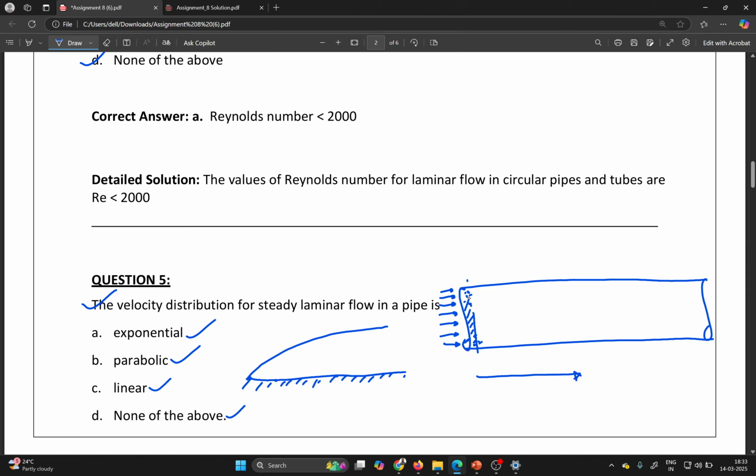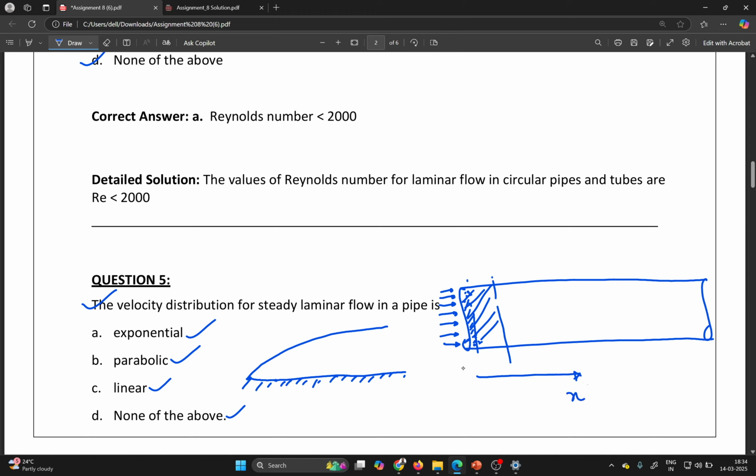But when you reach this position, the mass is high. That means the effect of the wall, or the effect of the no slip condition, will be applied on a large mass compared to the first one. That's why the variation of the boundary will increase in the x direction.